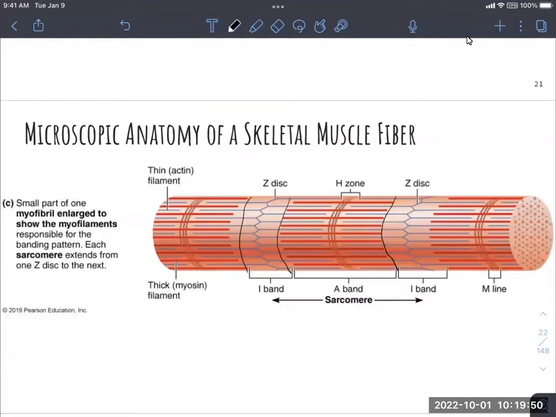The H zone goes through the middle of that dark A band. This is what makes up a sarcomere. We have an I band with a Z disc in the middle, an A band with an H zone in the middle, and on either side of that dark A band, we have those I bands on both sides. And that makes up the entire sarcomere.